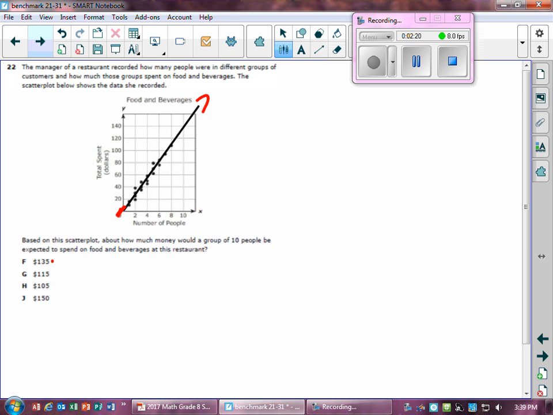It wants to know about 10 people. Looking at my graph, here is my 10 people. As I drew my trend line, I noticed that my 10 people land somewhere right here, between 120 and 140. So what is between 120 and 140? Well, that's going to be 135.